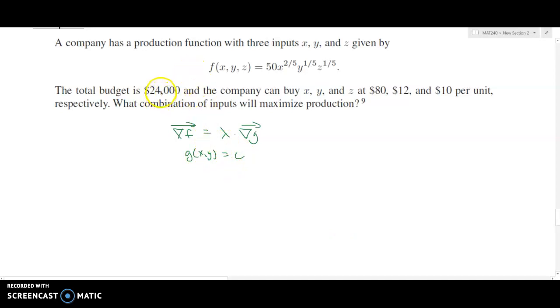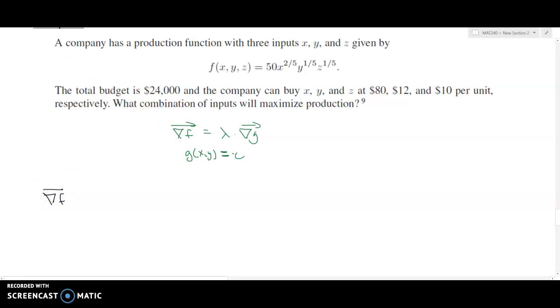Because once again, the total budget being $24,000, we can spend less than that, or equal to that, but we're going to be able to maximize production if we use up our entire budget. So I'll put equal signs here. Now, the next step is to compute the gradient vector of f.